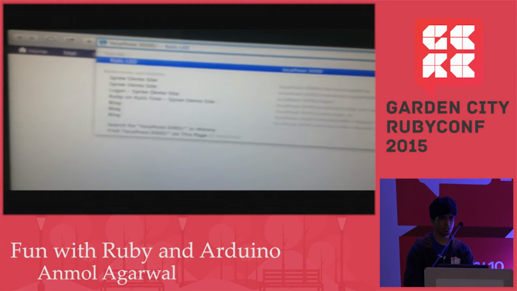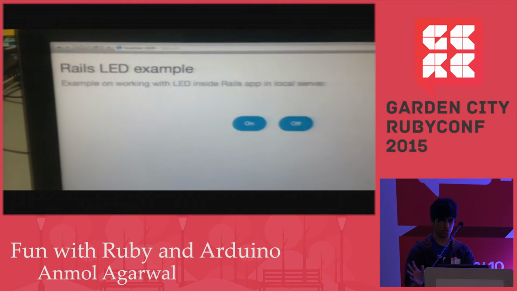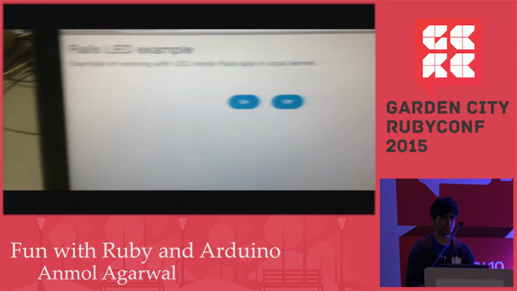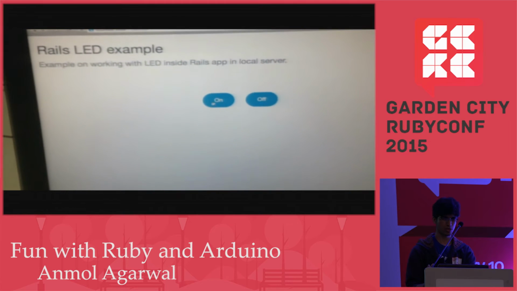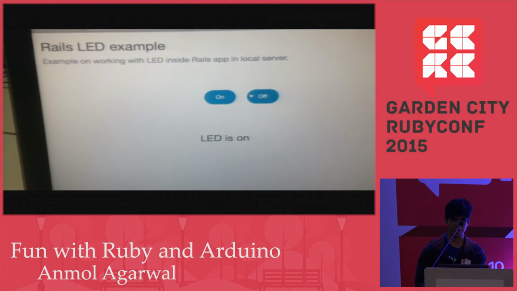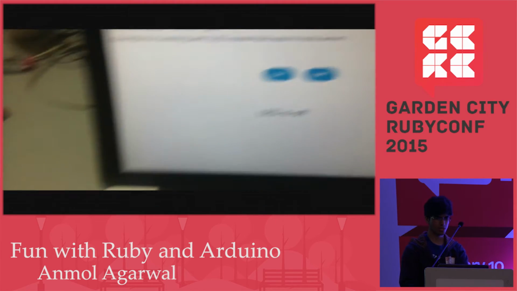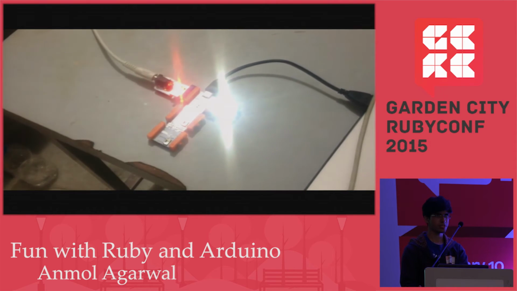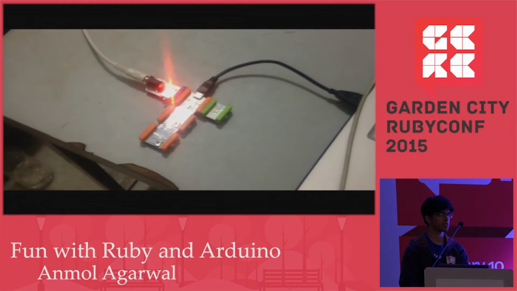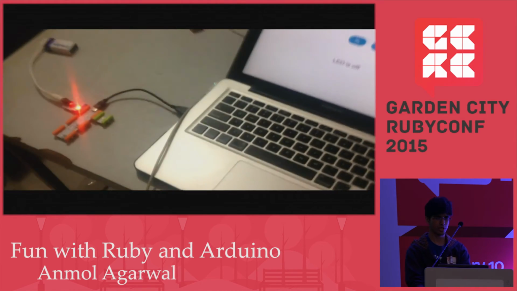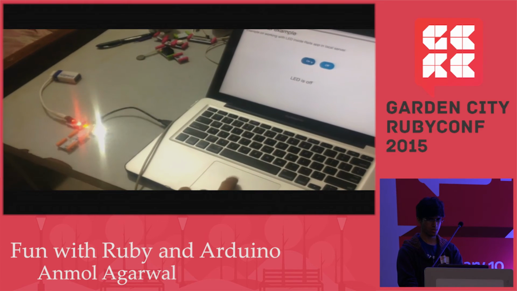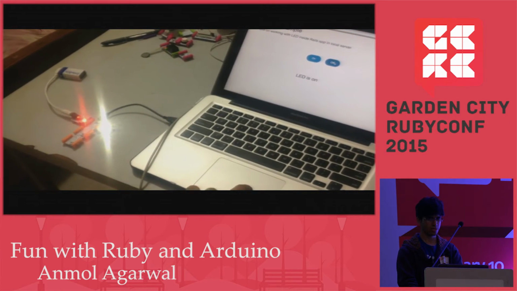And here the video is a little blurry, sorry, but you can see. We got on and off buttons. Those are the 2 main components. And right now I'm just clicking it to see what happens on the screen. And you see the LED is turned on and off through Rails on a local server. And if I try to show it both at the same time, it's on and off.